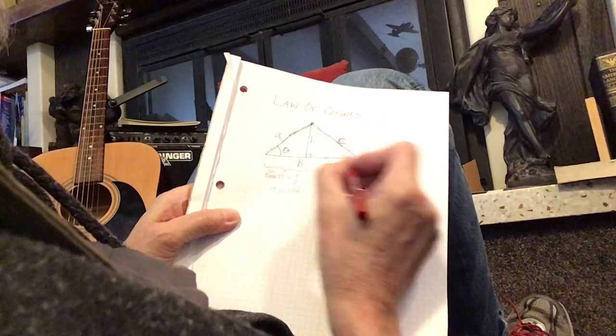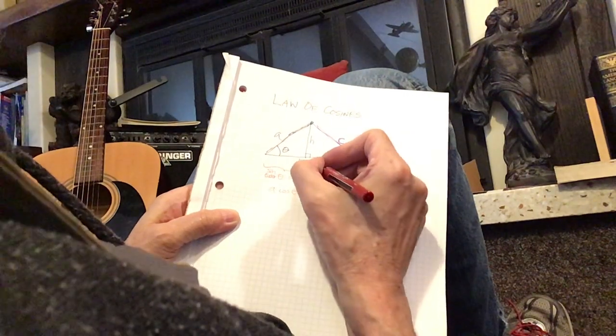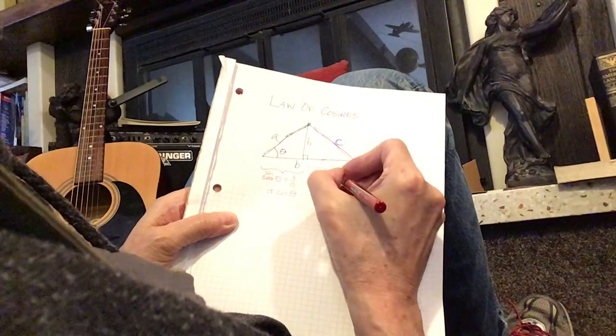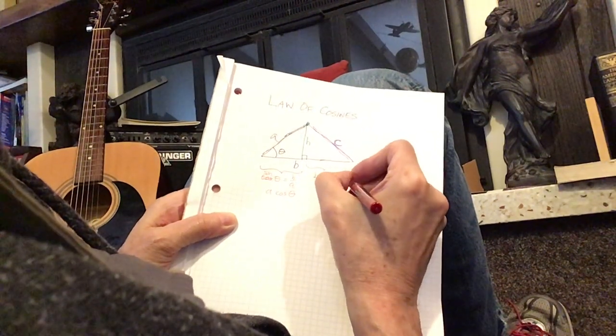Now the whole bottom here has length b, and we've taken a certain amount off, so this is b minus a times the cosine of theta.